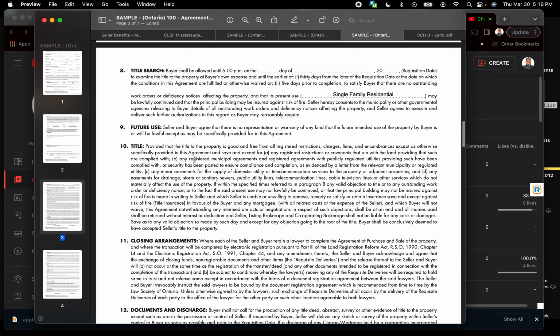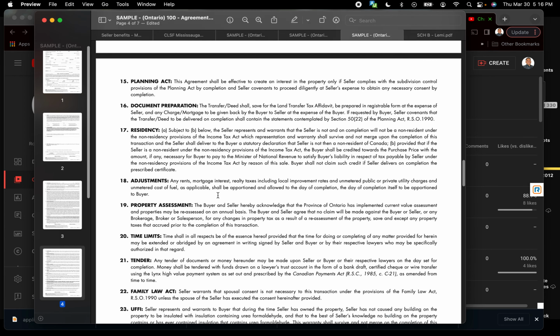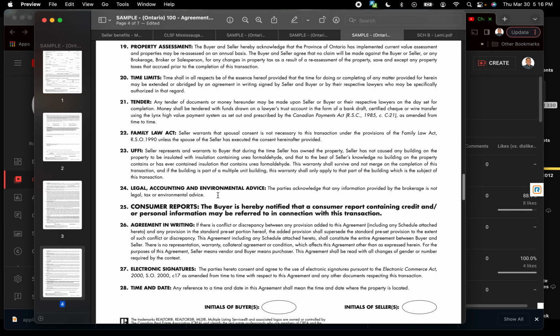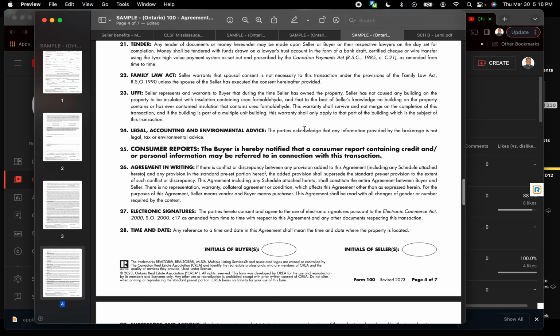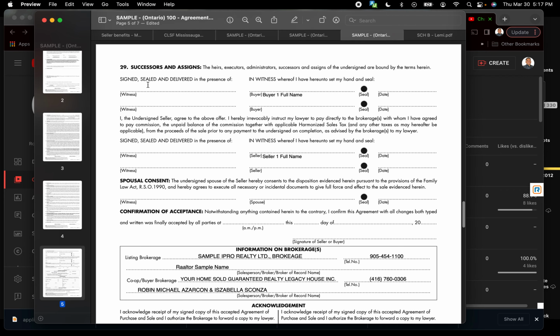The next few clauses in here are standard clauses that come with the agreement. And what we will do is go over the Schedule A because the Schedule A trumps what these clauses are. So if you scroll down, we're at 29. This is where you're putting your signature into this agreement.